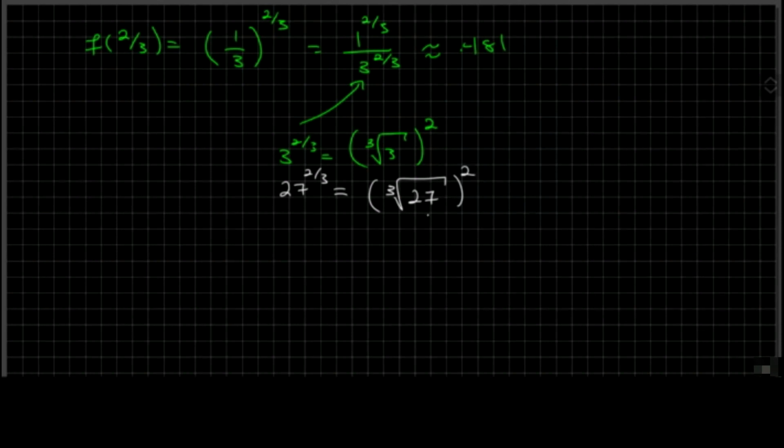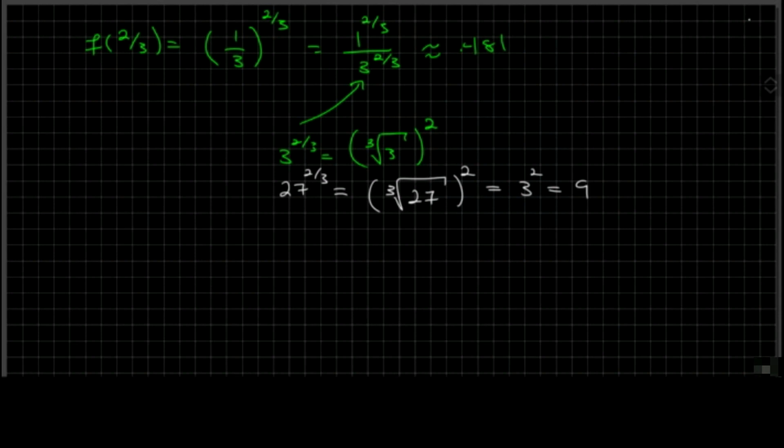And the cubed root of 27 is 3. That's because 3 times 3 times 3 is equal to 27. So this is equal to 3 squared, which is 9. So there are some values where you raise to the 2/3 power, or in general some fractional power, and you can compute that by hand.